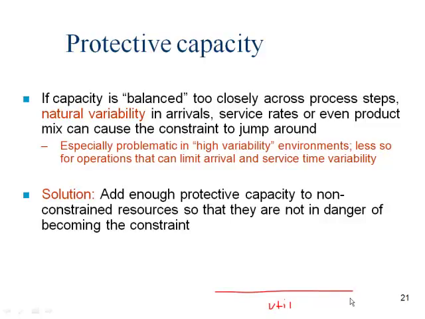What we saw is as utilization starts to approach 100%, whatever measure of queue performance we were talking about, whether it's time in the system, number in the system, etc., the performance will really start to degrade very quickly. Okay?